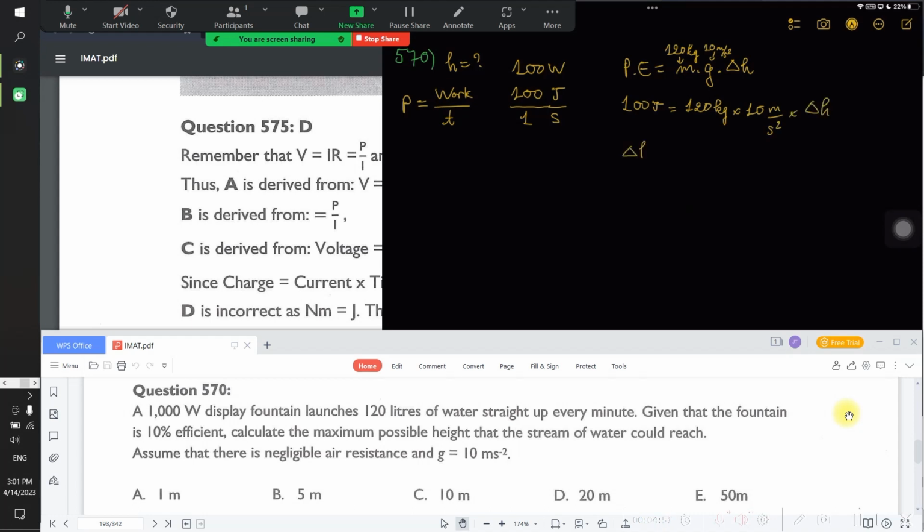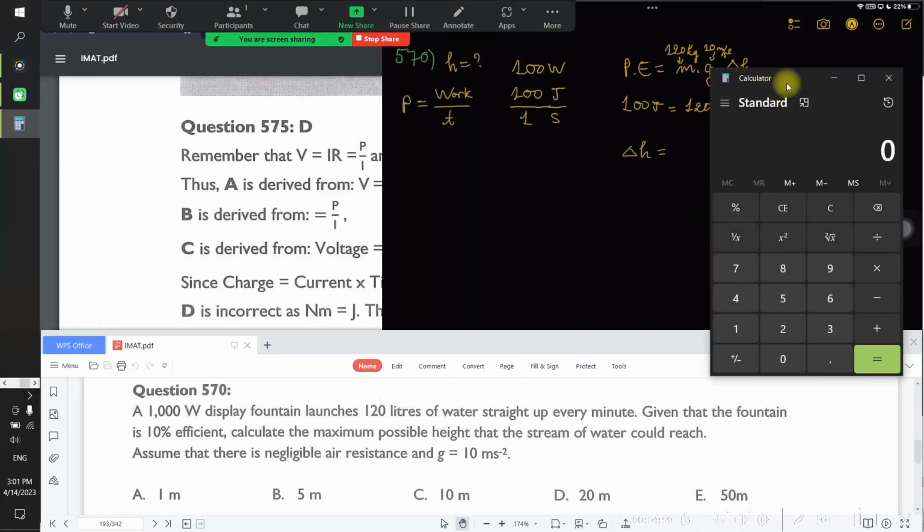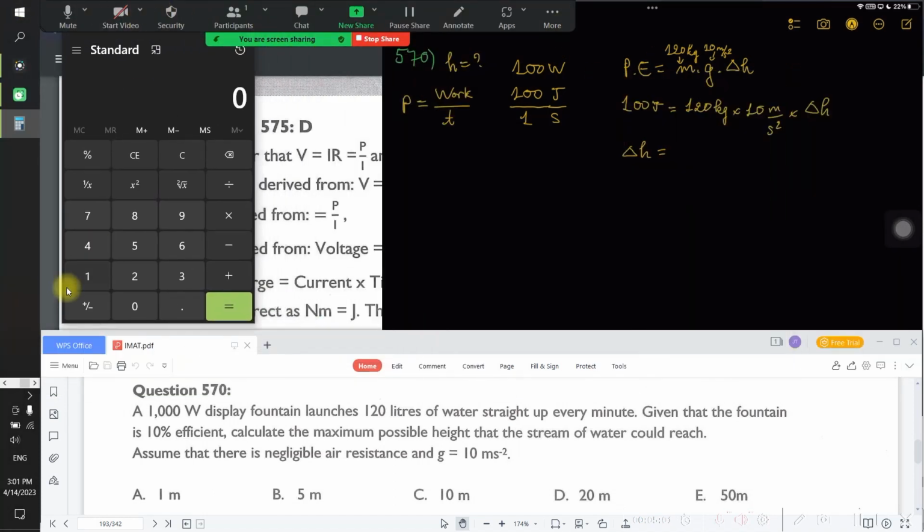So if you calculate delta H, it's going to be how much? Calculator, please. Take 100, divide by 120, and then divide by 10. Delta H is going to be, say, 0.083, right?